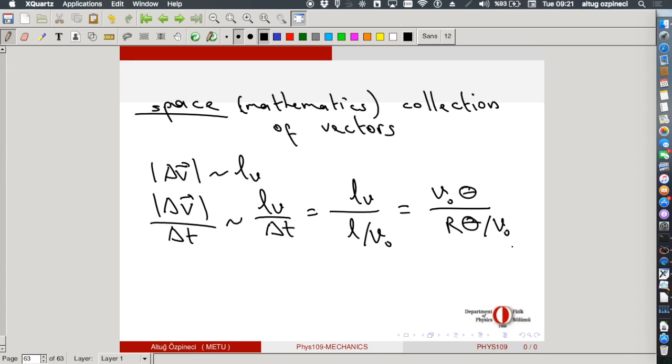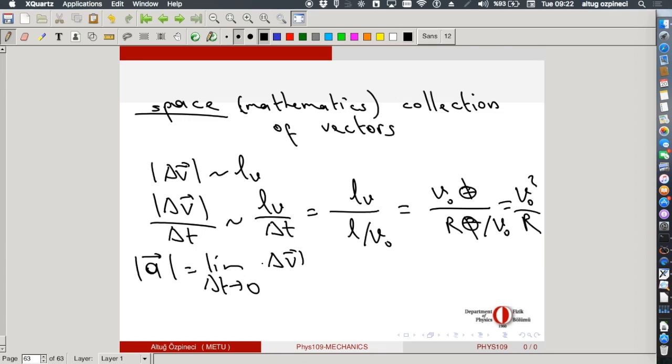So theta cancels. So this is V0 squared over R. So this is the acceleration. It is independent of theta or independent of delta t. We calculated this for very small delta t, but the final expression is independent of delta t, so we can just take the limit as delta t goes to 0, and it will still have the same value. The magnitude will be the limit as delta t goes to 0 of delta v by delta t, which is nothing but v0 squared over r.